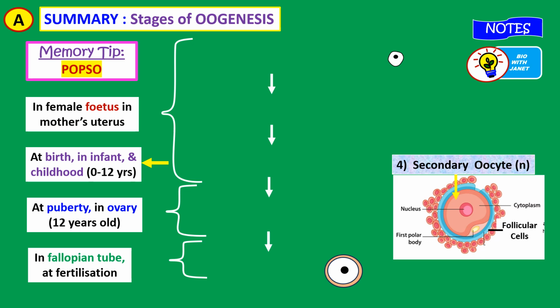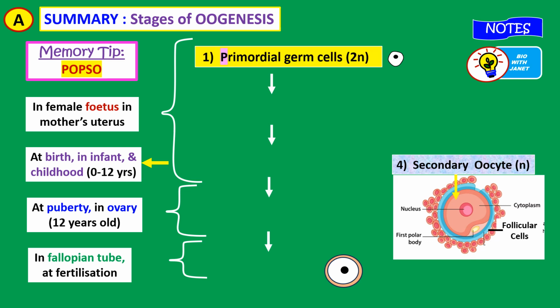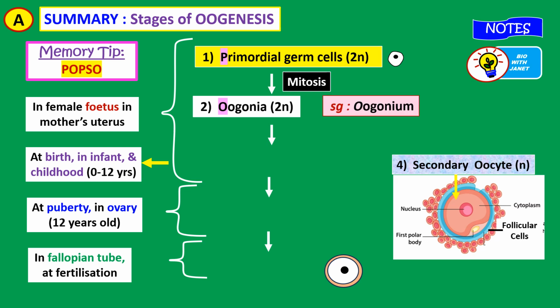In oogenesis, which is the formation of the ovum, first of all, there are primordial germ cells in the ovaries in the fetus, and these are diploid cells. The primordial germ cells in the ovary of the fetus undergo mitosis to form many oogonia, which are diploid. Singular is one oogonium.